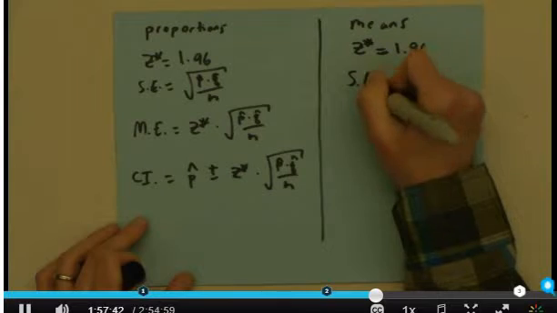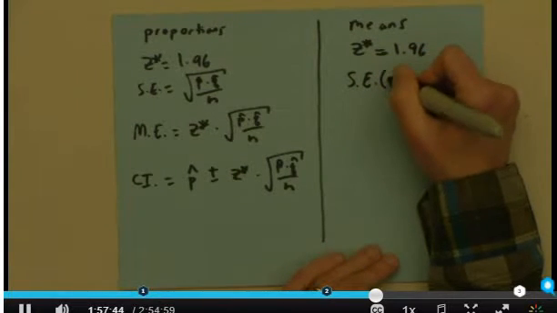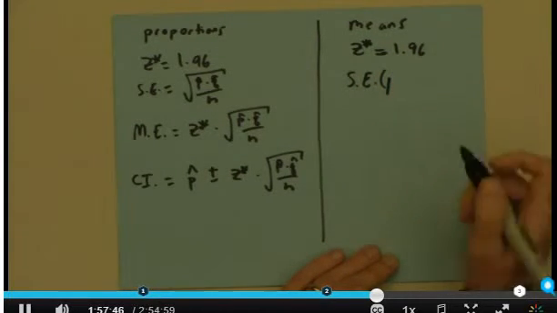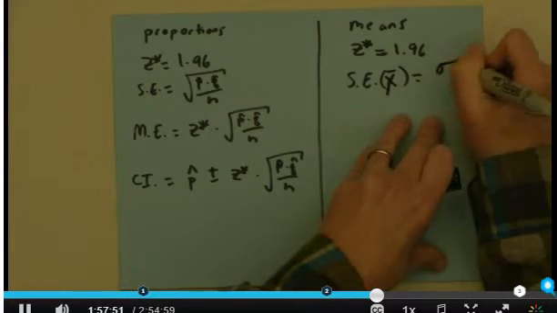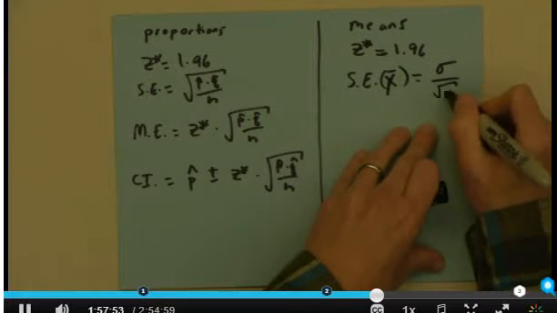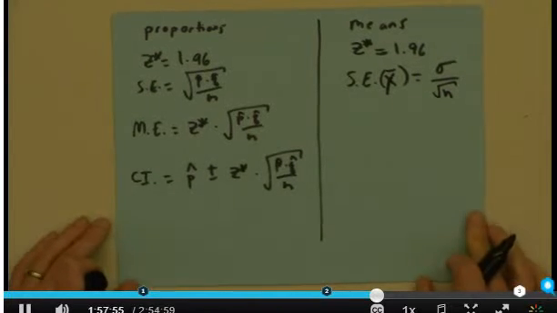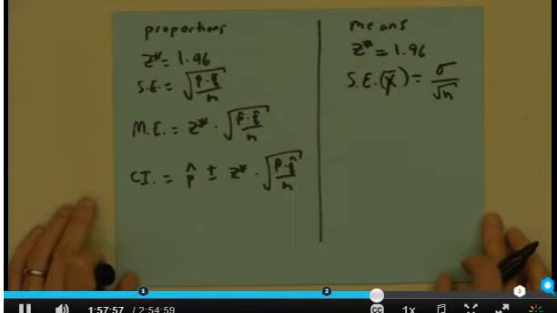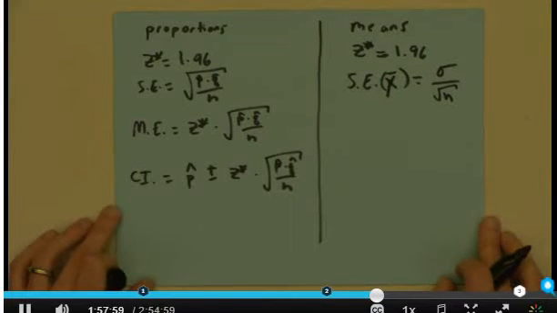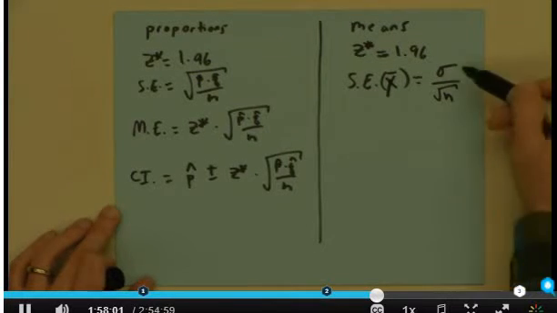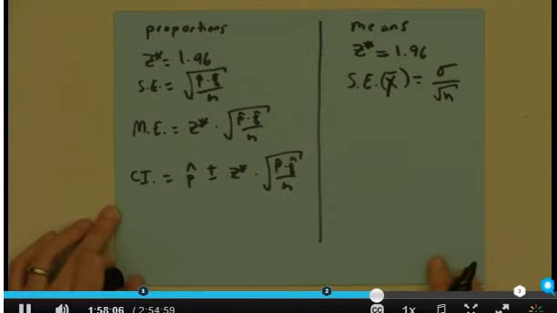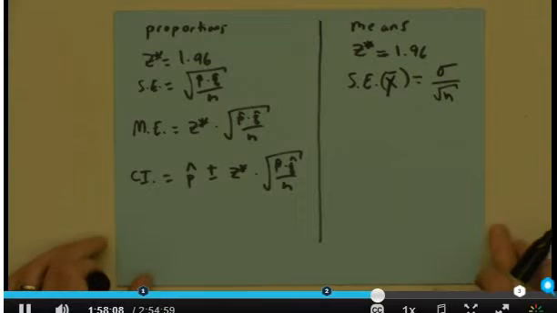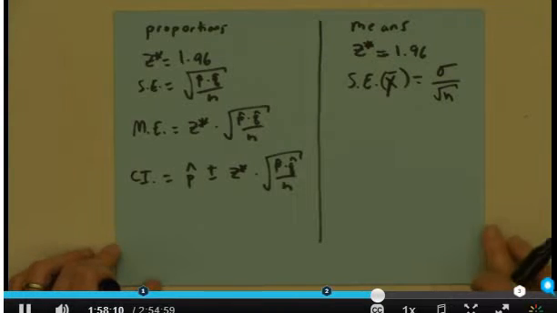The standard error for the mean, in fact the way I should do this is standard error of x bar, is sigma over the square root of n. Right, we learned this before when we talked about sampling variability. If I know the population standard deviation, I can simply scale it down by the square root of the sample size to get the sampling variation, the sampling standard deviation.